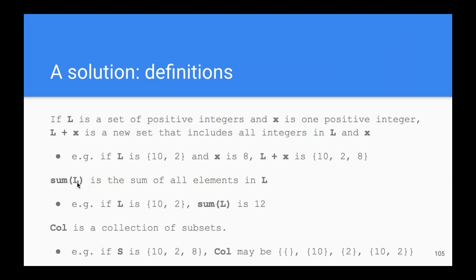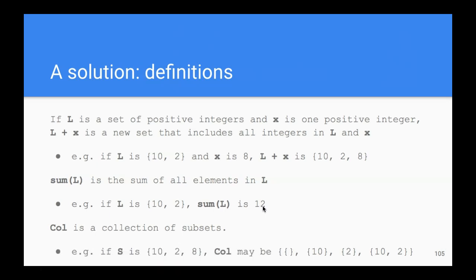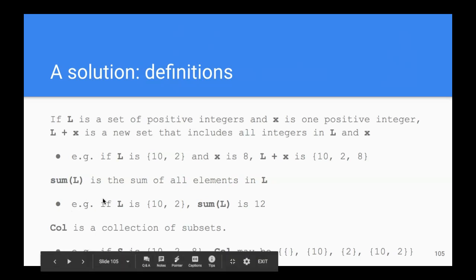And what does sum L mean? Well, sum L just means the sum of all the elements in L. So if L is 10 and 2, then sum of L is 12. Pretty straightforward. And finally, we need something called COL, C-O-L, that represents a collection of subsets.